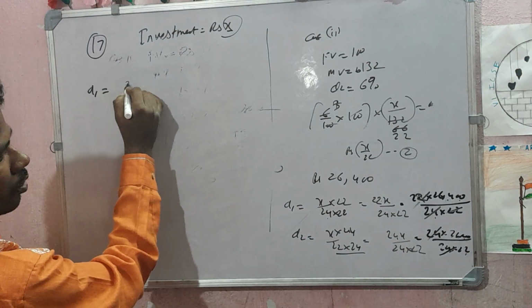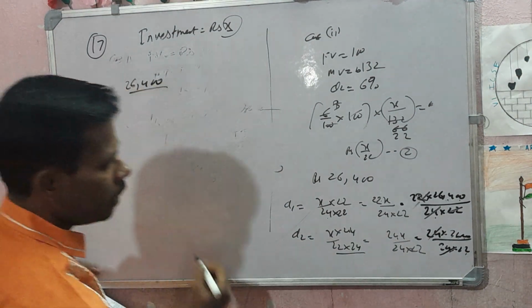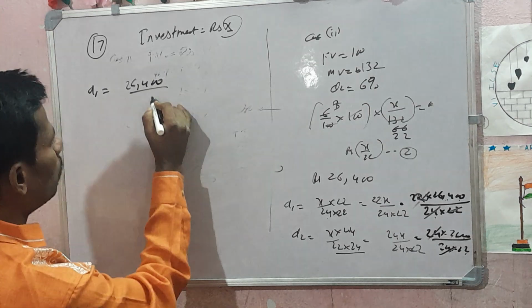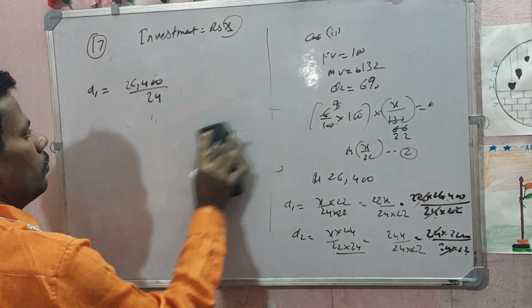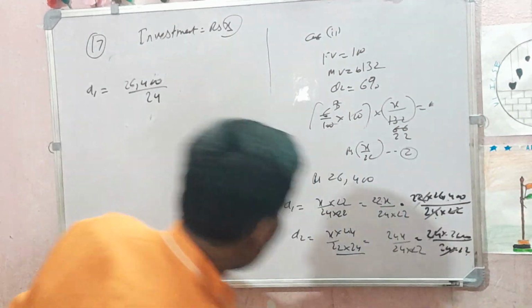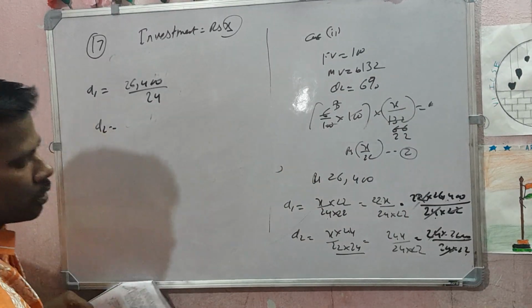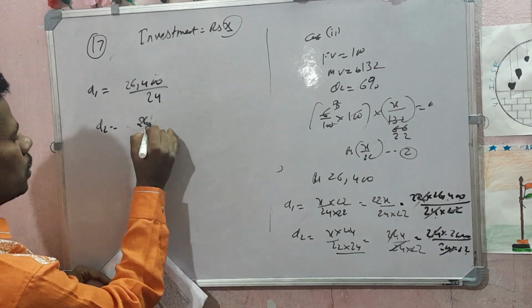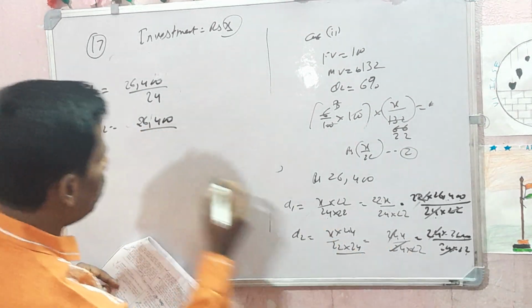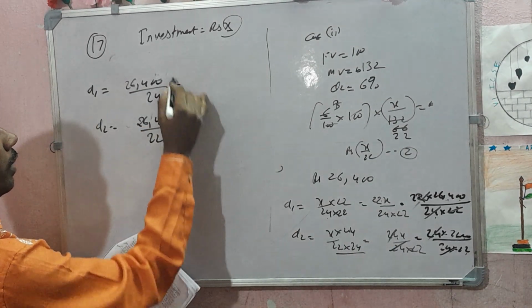So D1 is equal to 26,400 by how much? 24. Next, D2 is equal to, already I said 24 gets cancelled, 26,400 by 22. You simplify this one.